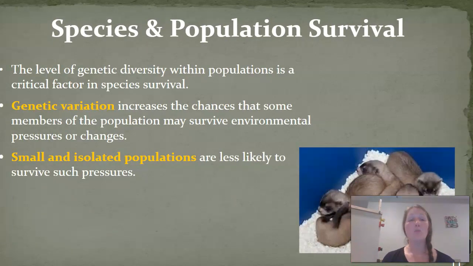Okay. When we talk about genetic variations, we want to have a particular genetic variation because it increases the chances that members of the population may survive environmental pressures or changes. I know for a fact that the Philadelphia Zoo breeds gorillas, and they have a computer system that maps the genetic code of all of the gorillas within the zoo populations around the country, and actually even some zoos in other countries in the world.